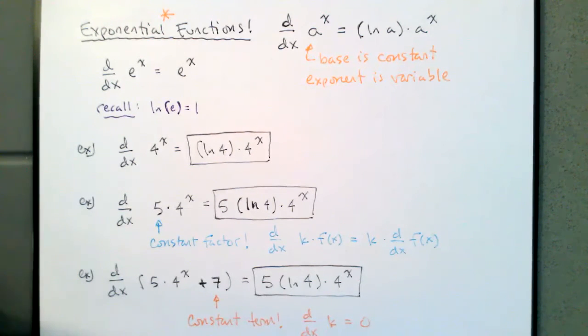So the derivative of 4 to the x is the natural log of 4 times 4 to the x. In other words, a to the x is the same as 4 to the x, isn't it? Correct? Yeah, a is equal to 4. And in this example, it's the exponential function where a is equal to 4. Got it. And then ln a means ln 4. Got it. Thanks.